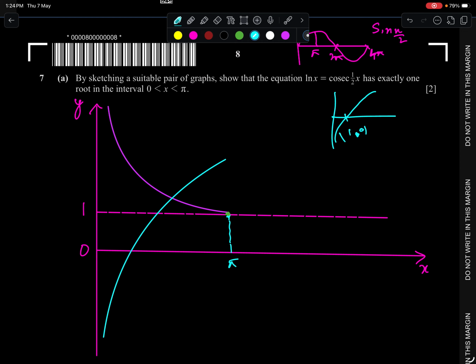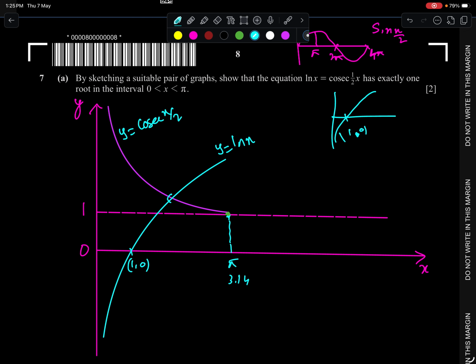This is ln x from 0 to pi. See, pi is 3.142. This is 1. Make sure you show this intercept. This is also 1. You have to show this as well. You should label these graphs as well. This is y is equal to cosec x upon 2. This is y is equal to ln x, right?